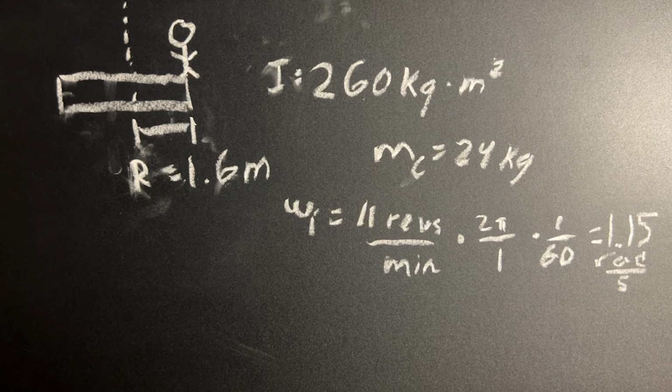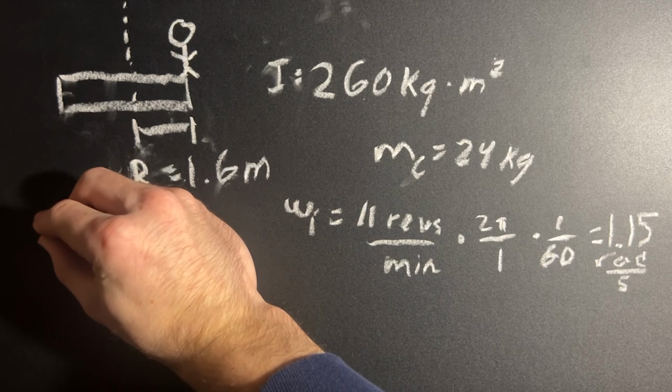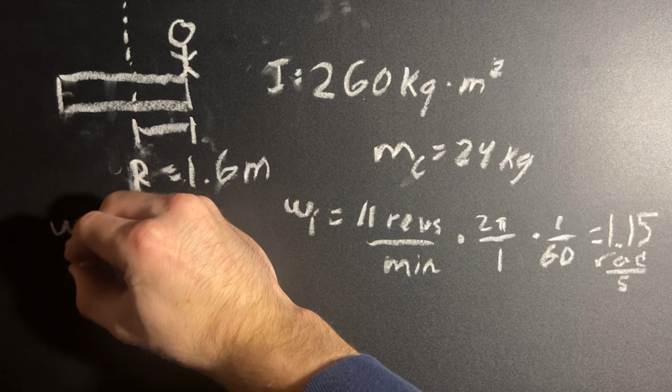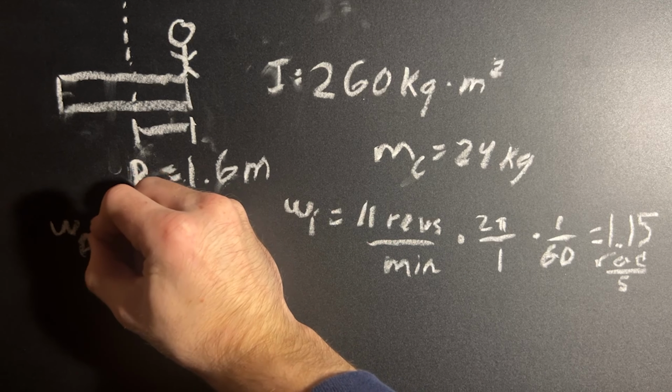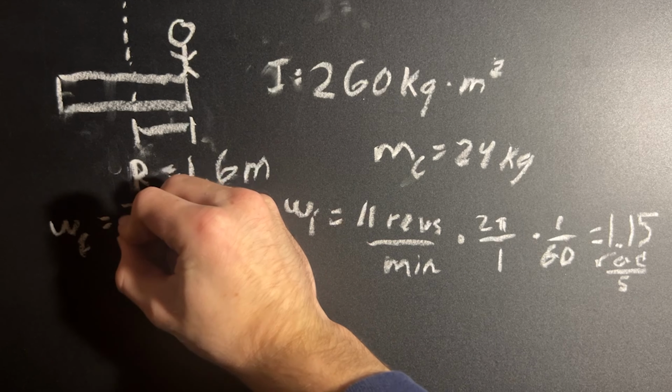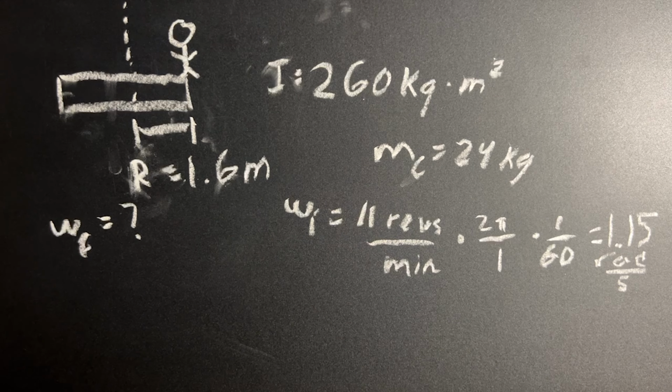It looks like we are going to be using angular momentum. This is because what we're actually trying to solve for is the final angular velocity after the child sits on the merry-go-round. So we're solving for the final angular velocity, denoted by this question mark right here.